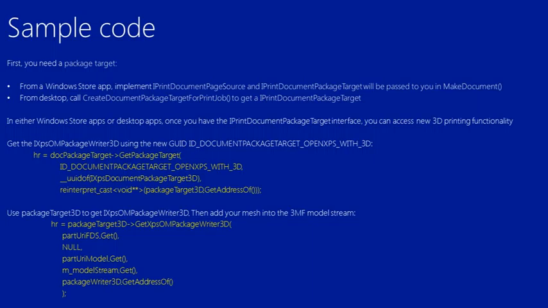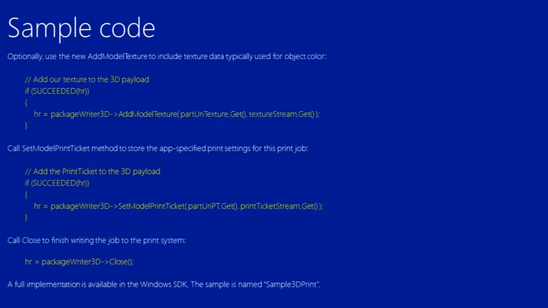Optionally, you can add texture data, and you can set the model print ticket to store app-specific settings for this print job. And don't forget to call Close to finish writing the job to the print system. Now, a full implementation of this is available in the Windows SDK, and the sample is named the Sample 3D Print.